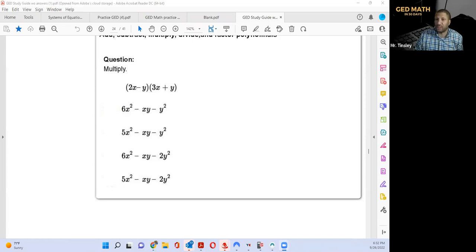Find the slope of the line. I see percents. I see ratio and proportions. I see slope. Multiplying, dividing by multiples of 10, scientific notation. I see a bunch. So somebody has to be able to say, is there something that gave me a problem this week, Mr. Tinsley, I need you to help me with?